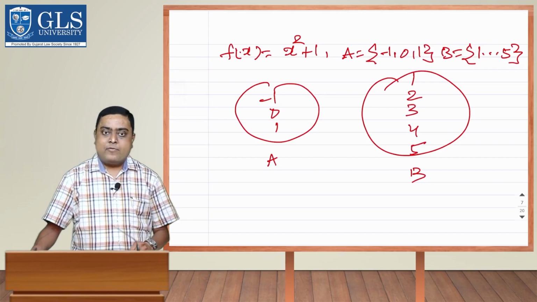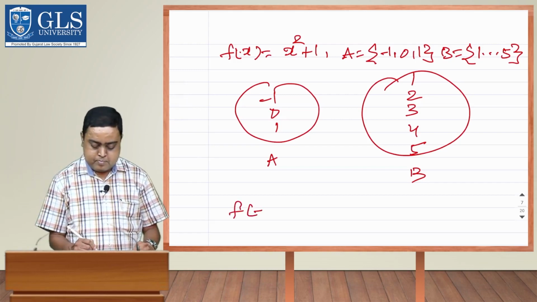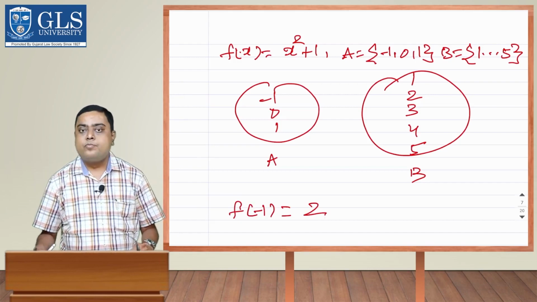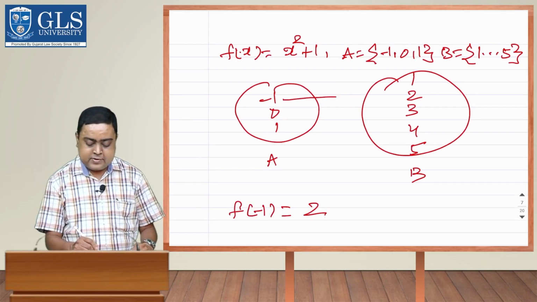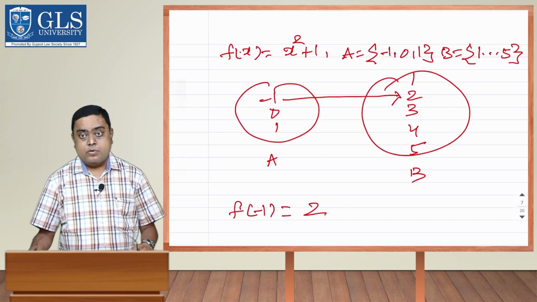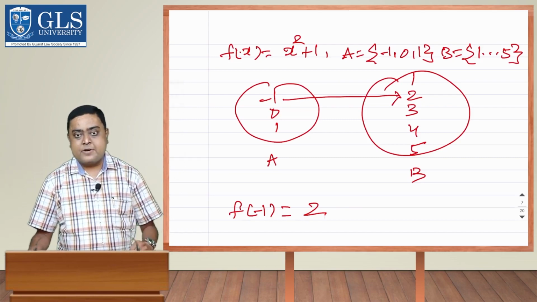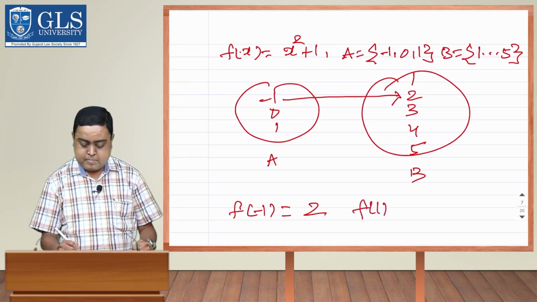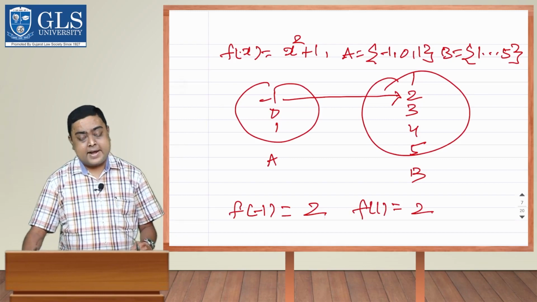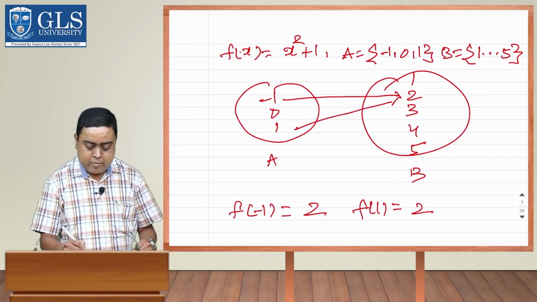I take the value of x equal to -1 from the set A, and if I put it in the given function f, then I get the corresponding value 2. So I associate -1 with 2. Now I consider x is equal to 1 and put it in the function, and I get the corresponding value also 2. So I can associate 1 with 2.